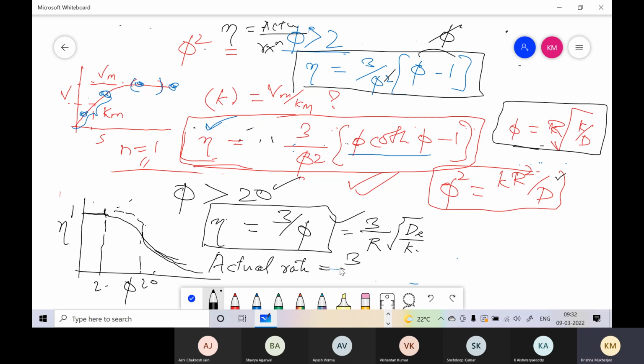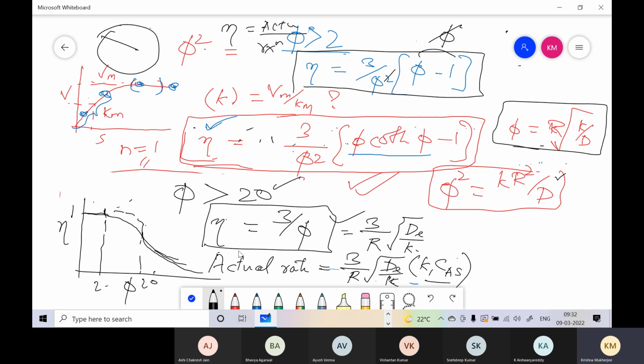So 3 by R root dE by K, sorry, dE by K into what is the actual reaction rate? K1 into CAS, right? This is the reaction rate without diffusion, K1 into CAS, because K1 is the reaction rate constant and CAS is the concentration across the bulk. So if CAS was so the whole reaction would be K1 into CAS.